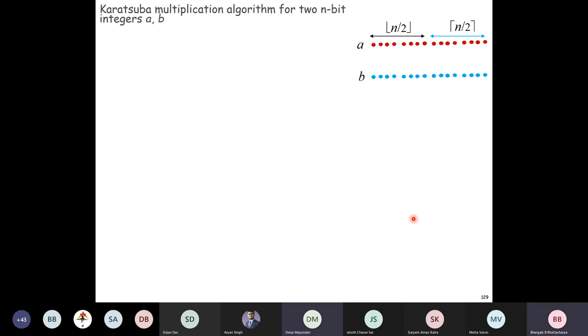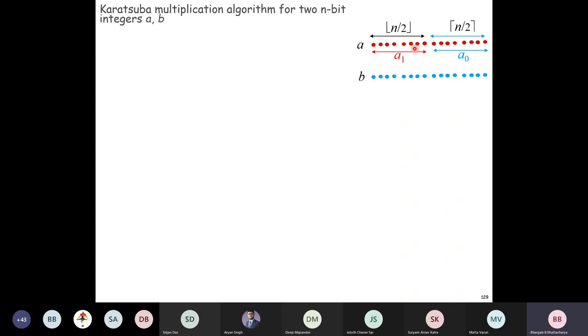No, sir. Okay, so this is a nice example of divide and conquer, and a very fundamental advancement in the area of multiplication algorithms. A very amazing result. So you partition these bits into two parts, maybe n by 2 ceiling and n by 2 floor. And similarly you partition b into two parts.